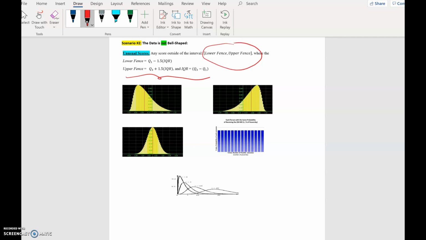I mean the actual values of Q1 minus 1.5 times the IQR, and Q3 plus 1.5 times the IQR. That gives us an idea of where most of the data should be, given that we don't know if it's bell-shaped, and any value outside of that interval is going to be considered unusual.